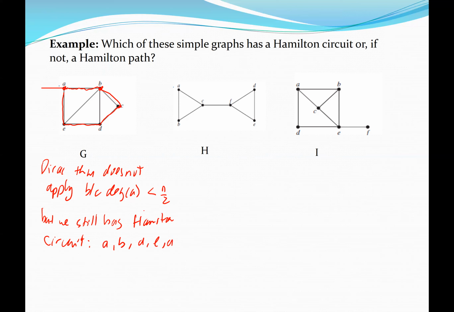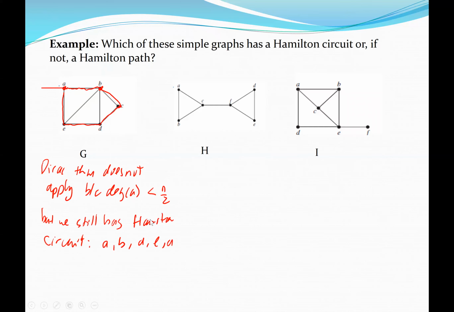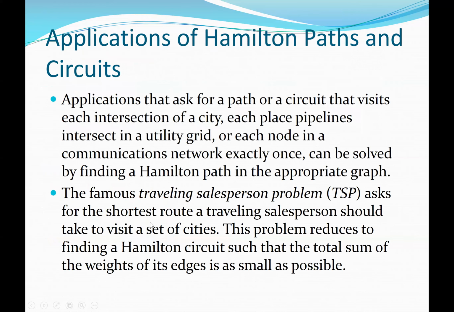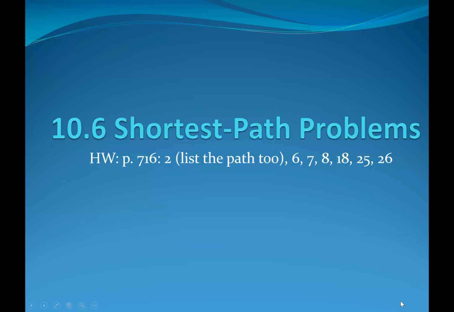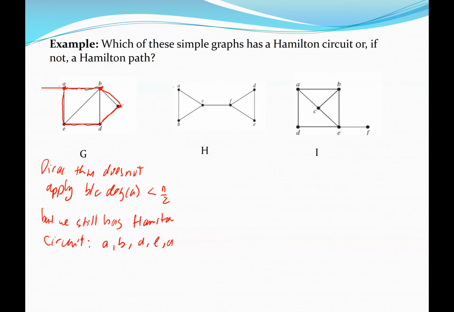What does that mean? It means that if a graph satisfies those two theorems, then you are guaranteed to have a Hamilton circuit. But if the graph does not satisfy those two theorems, then we can still find Hamilton circuits. Okay, so that's the idea. So it's not a rigid theorem compared to Euler circuits.